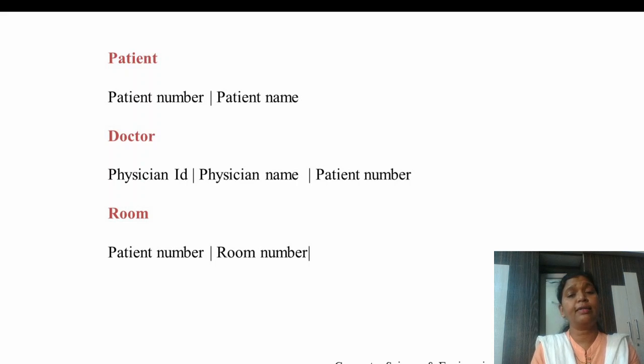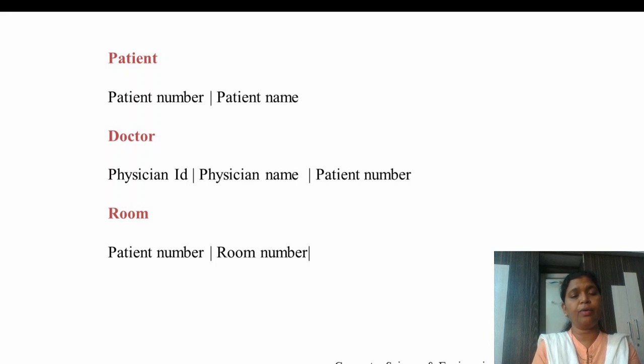And this doctor is related to the patient. See, we are talking about related data here. So patient number, inpatient, see there, the database of patient consists of patient name and patient number. Again, the doctor database also contains the patient number. And then comes the room where the particular patient is allocated.